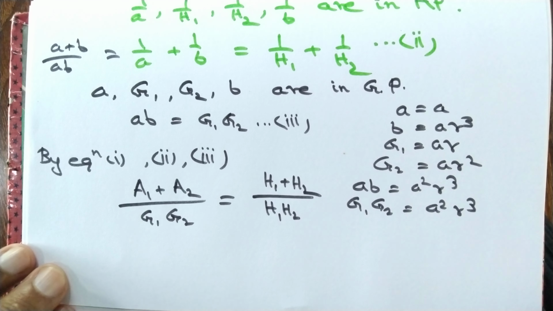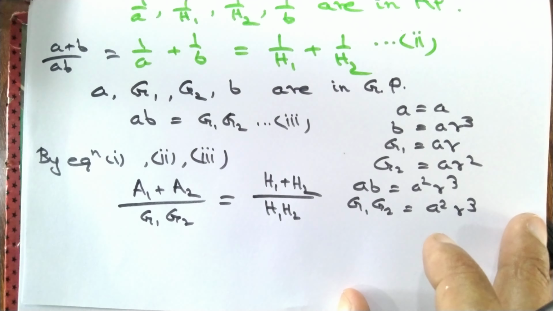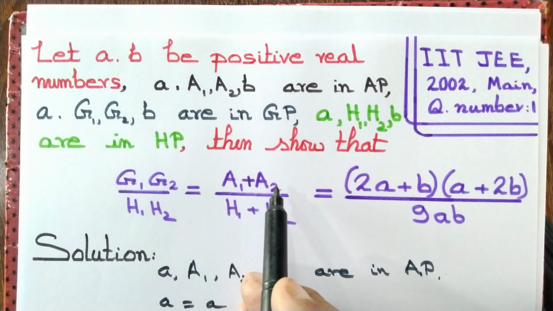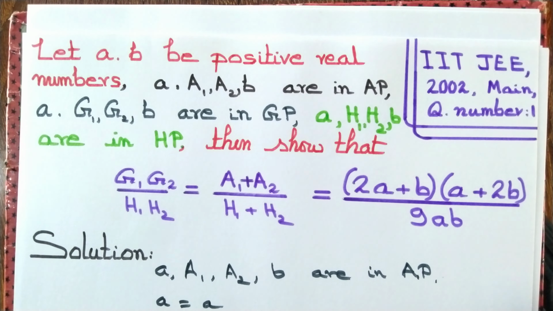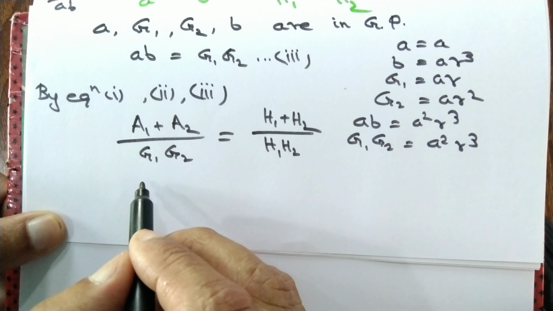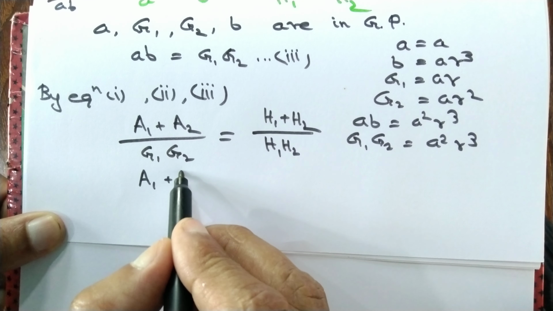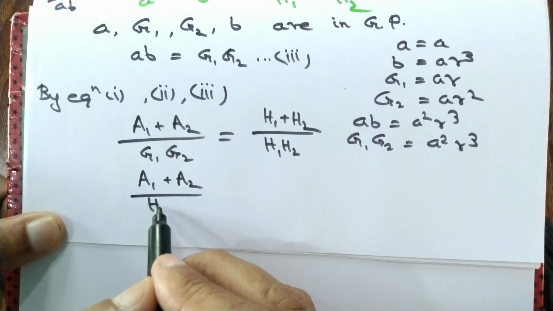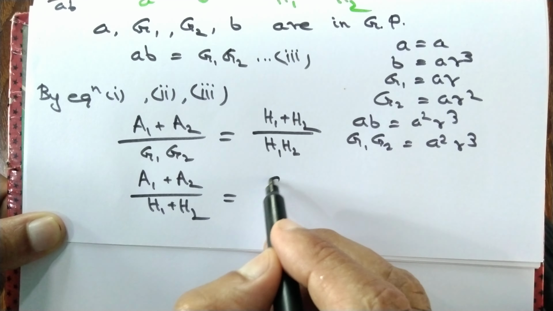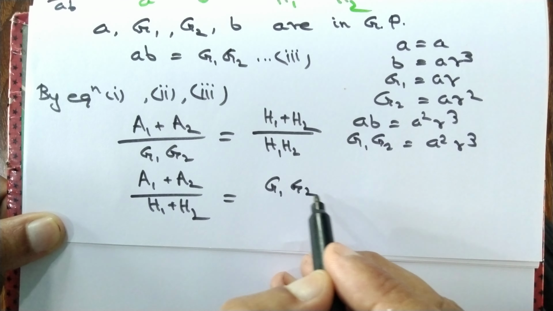Are we getting the exact expression? Somewhat similar but not exact. Let's rearrange it. We divide by h1 plus h2 and say a1 plus a2 by h1 plus h2, and then if we multiply by g1 g2, we get it. Yes.